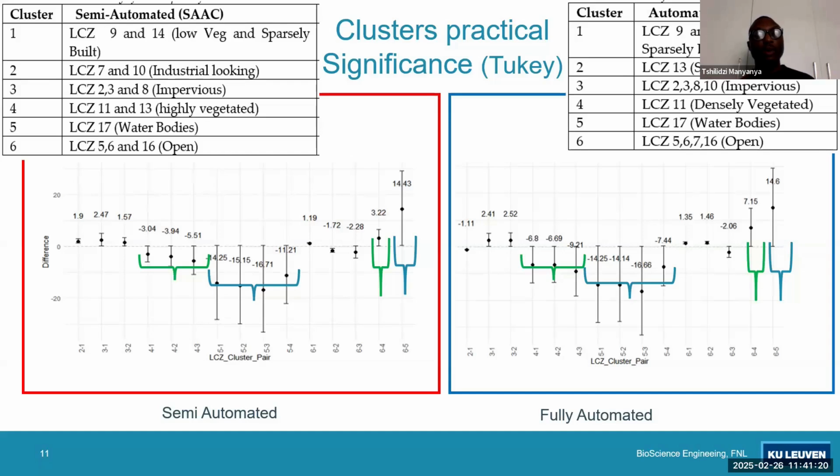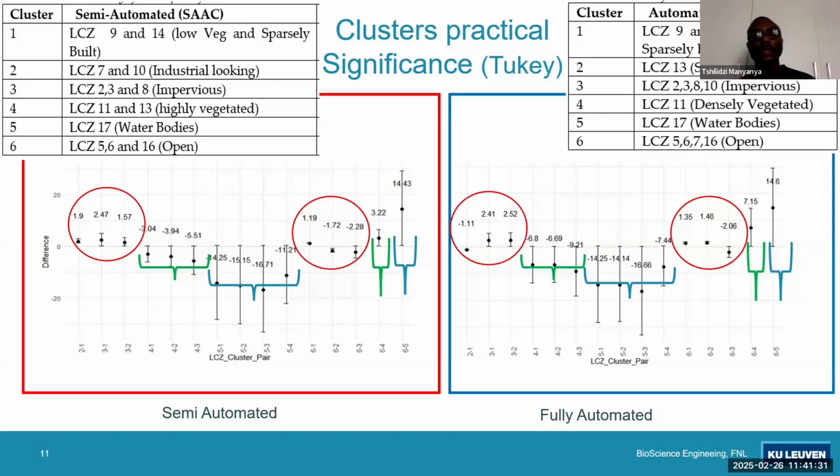The same can be seen for vegetation as well. But the interesting thing comes in when we look at the built classes, where you are finding that as much as the differences are not large, they are still above the practical significance threshold, which was 1 degree Celsius.